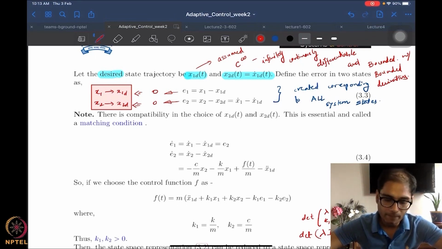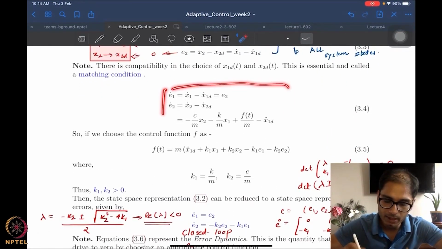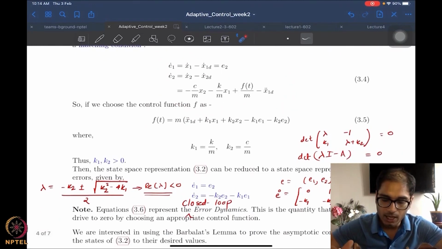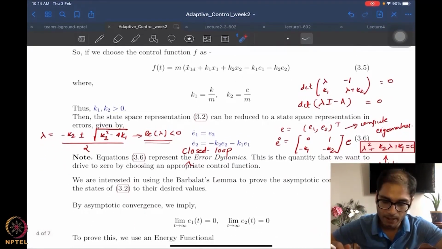Okay, so once we had these desired trajectories, we defined our error variables using these desired trajectories. Yeah, and then after that, we computed the dynamics of these error variables. Okay. Now, in order to do control design, what we did last time was to create a target system.